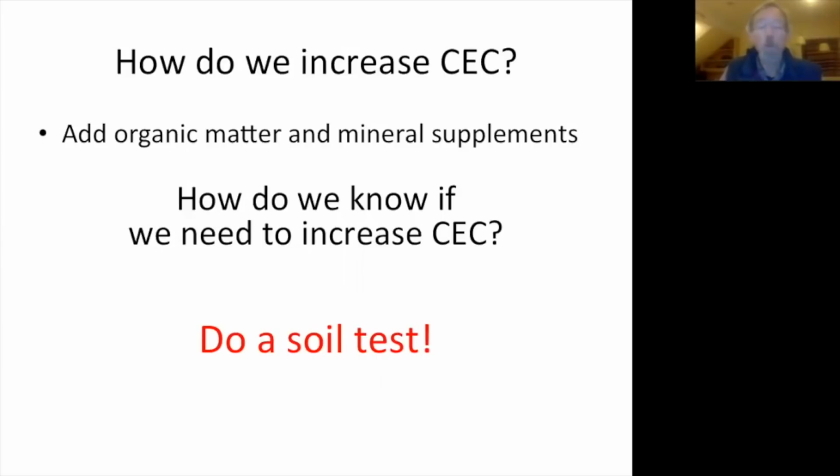And then how do we know if we need to increase our CEC? Maybe the cation exchange capacity is just fine. Do a soil test. I would recommend anyone with a garden, if you haven't done a soil test, do a soil test. The little kits that you buy in the hardware store by various manufacturers, I'm not going to mention any brand names, they're not very good.